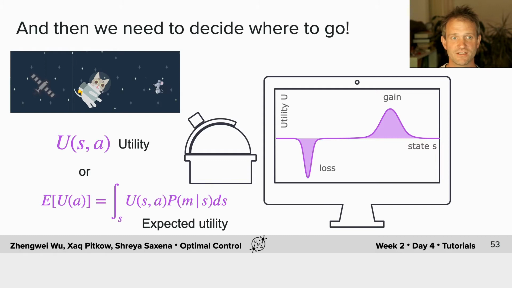That's the utility given the now continuous S, the true state where AstroCat is, and a continuous point A, which is where we're going to estimate or decide to move AstroCat. And then of course we have to multiply this by the probability of AstroCat being there.